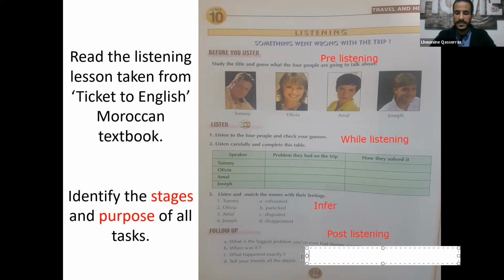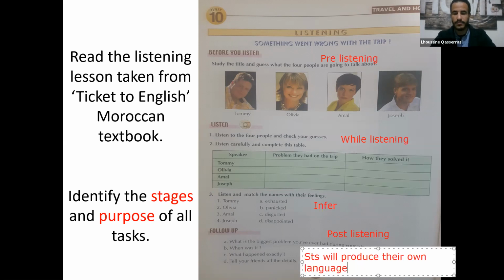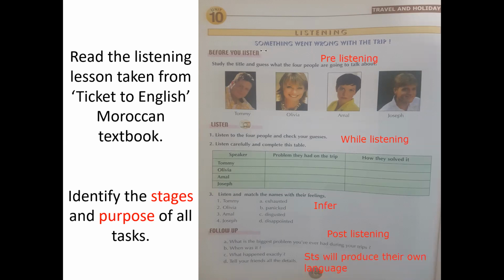So the purpose is that students will produce their own language. Right. It's production. Thank you. And for the first one here, we said that this task, I mean, study the title, is about what? It's about preparing students. Prediction.